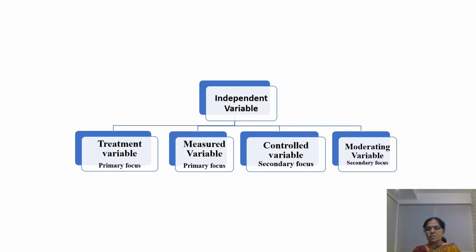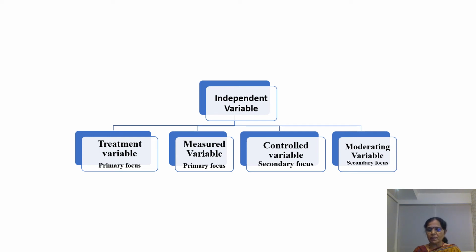And then comes the moderating variable. Say for example, the attitude. Attitude towards a foreign language may be considered as a moderating variable here. A moderating variable can modify the relationship between the IV and DV.